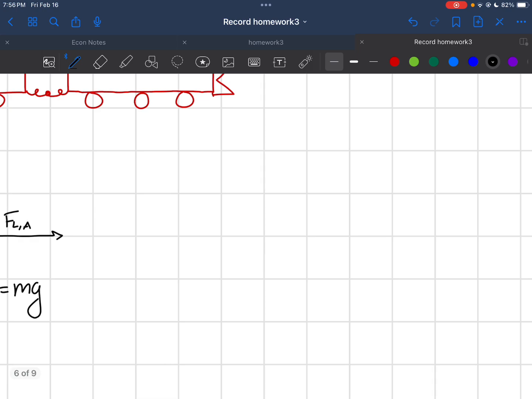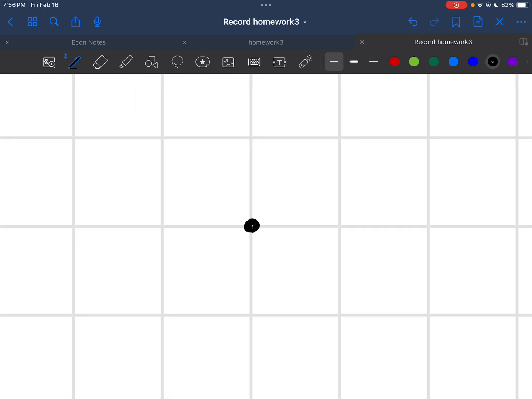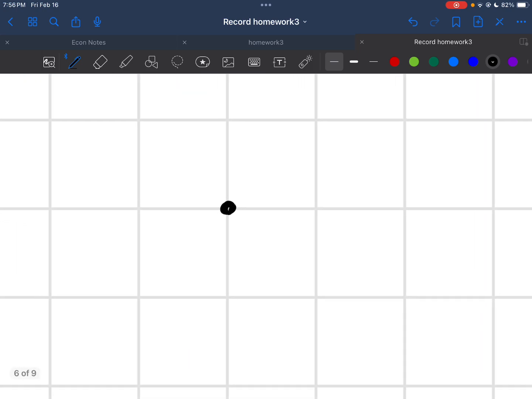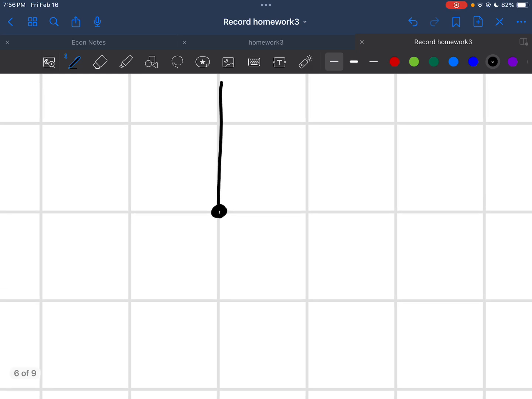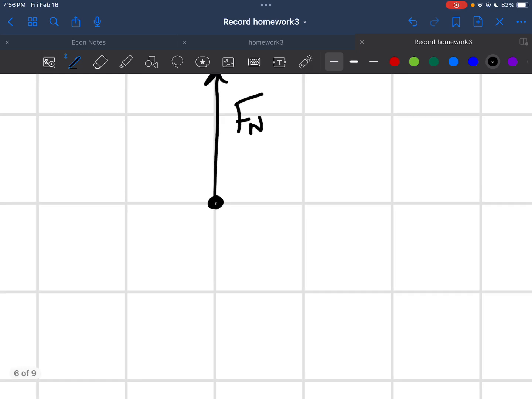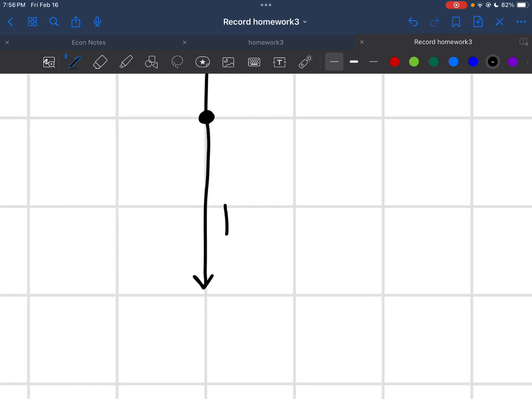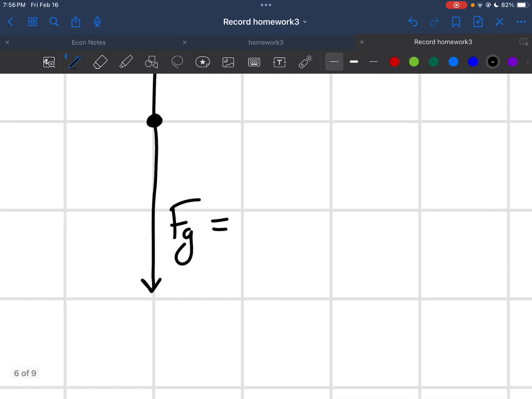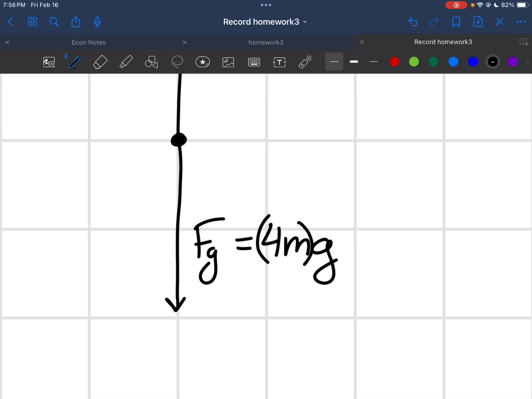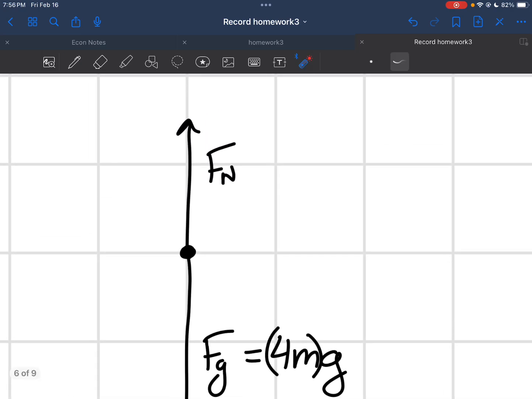Then, lastly, I have my locomotive. Again, I have my normal force from the ground. I have my force of gravity, but in this case, like I said, my mass is 4 times m. So I have to do 4 times m, that's my mass, times little g.